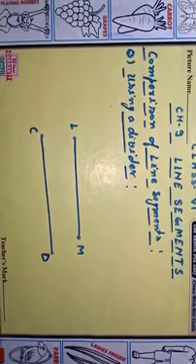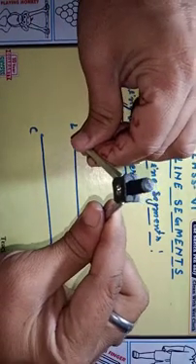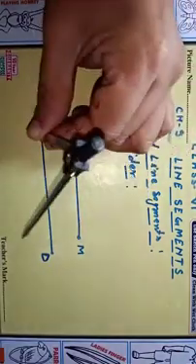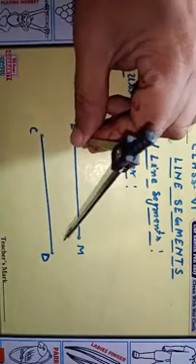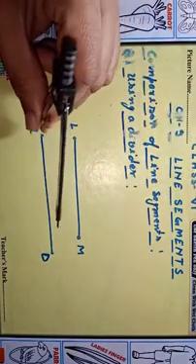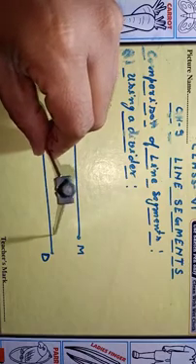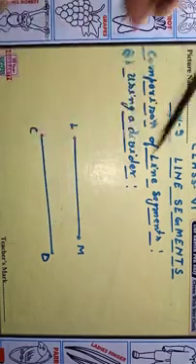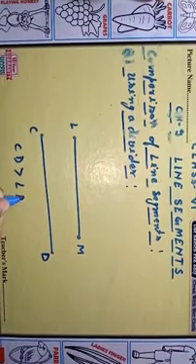Then by using the divider, we measure line segment LM, and put this divider on the line segment CD. We see that CD is longer than LM. CD is greater than LM.